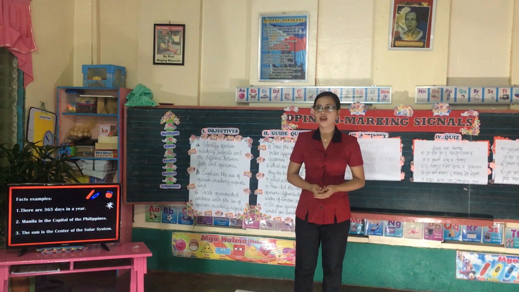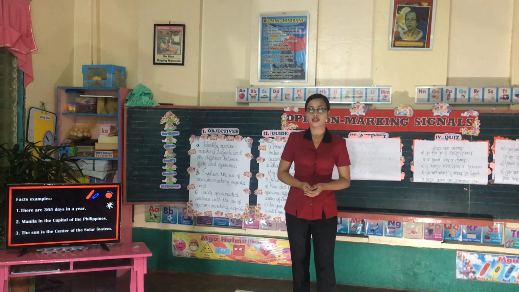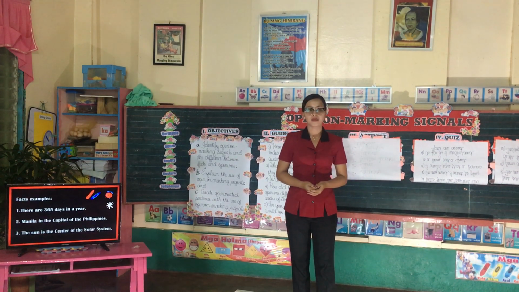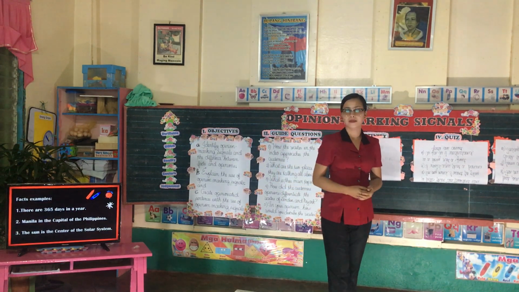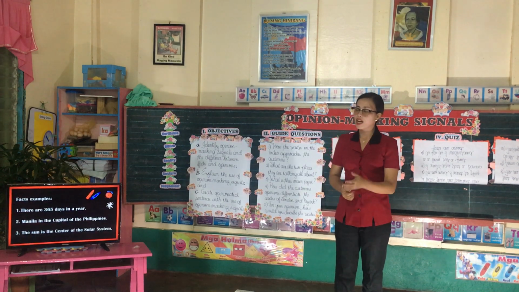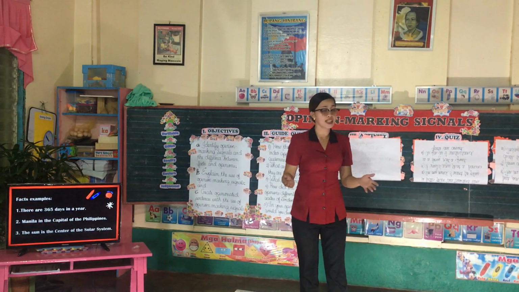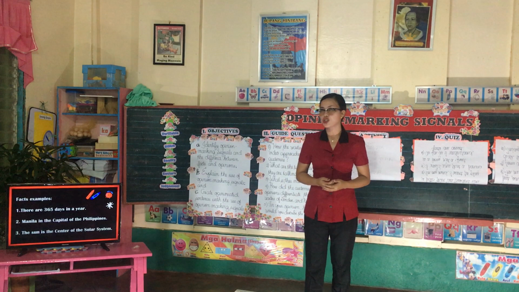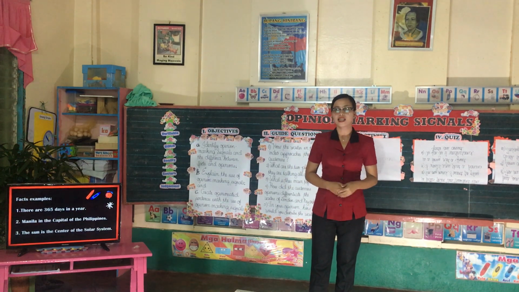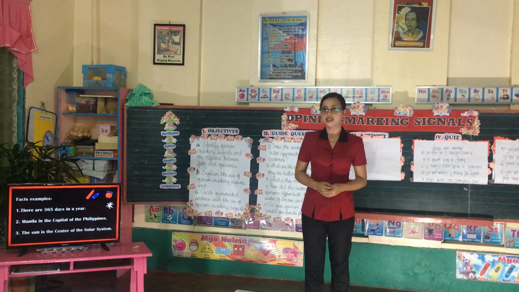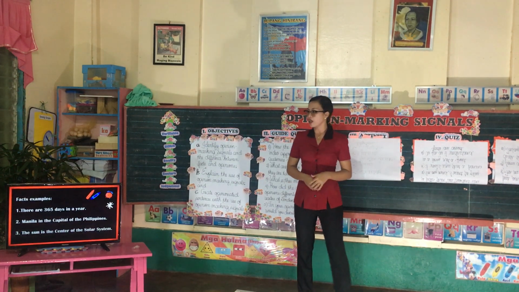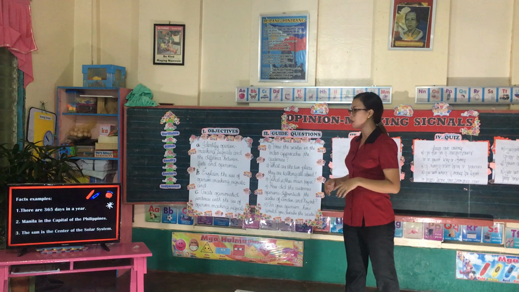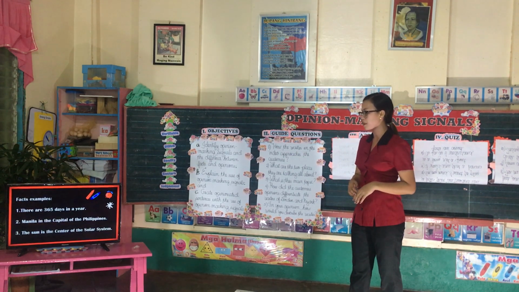Next, let's define what an opinion is. Can someone give me a definition of an opinion? Yes, Declan. Precisely. When we say opinion, these are just people's judgments based on their ideas. They don't have any evidence, and can sometimes be a description of their surroundings. Now here are example sentences of opinions.